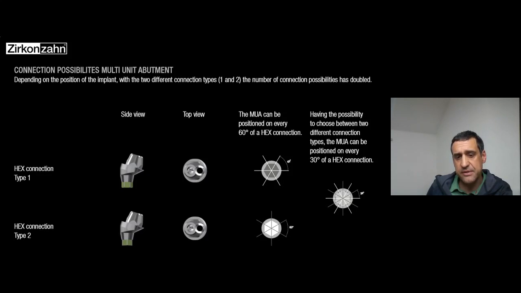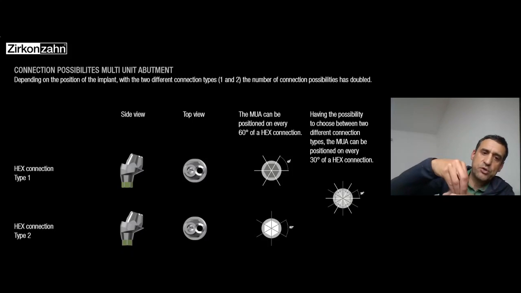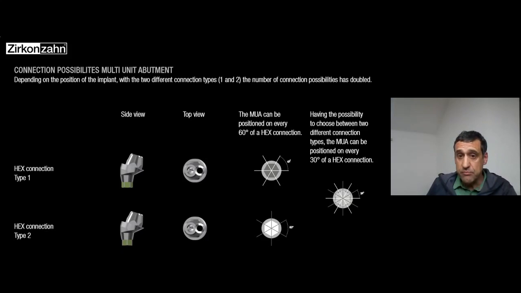It's exactly the same size, the same shape, etc. But the X on the bottom here, that is my connection into the implant, is a little bit tilted between the type 1 and type 2. So basically there is a 30-degree difference between the X, so you can have a lot of different positions. Every step you can have like 30 degrees of different position of our multi-unit.